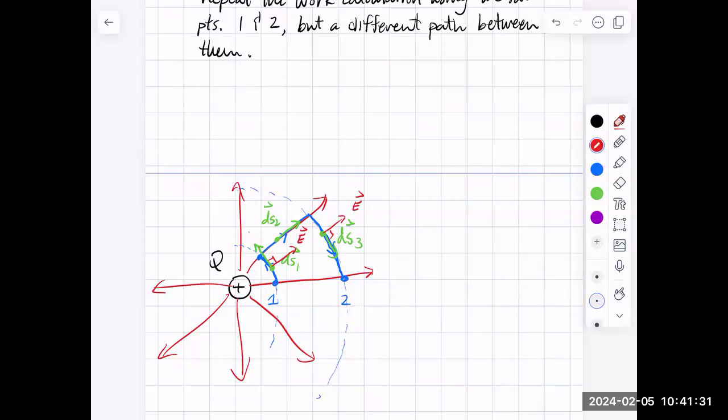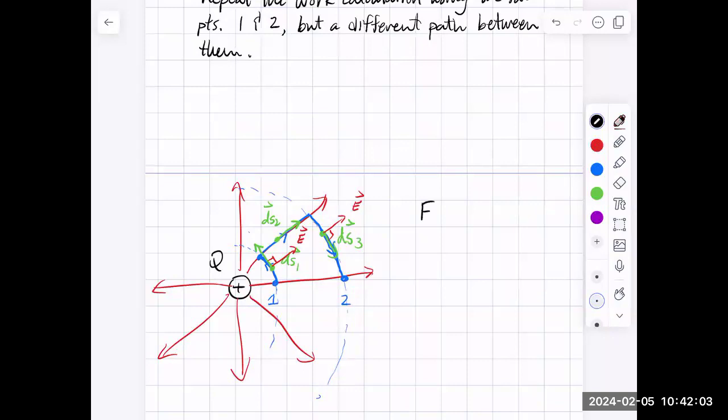And in both cases, we have the displacement and the electric field being perpendicular. And we have to do this force dot product, Q times the electric field. So essentially, we need to do the dot product of the electric field with these displacements. And for these 2 paths that are these circular arcs, that dot product will vanish because the angle between ds and E is 90 degrees.